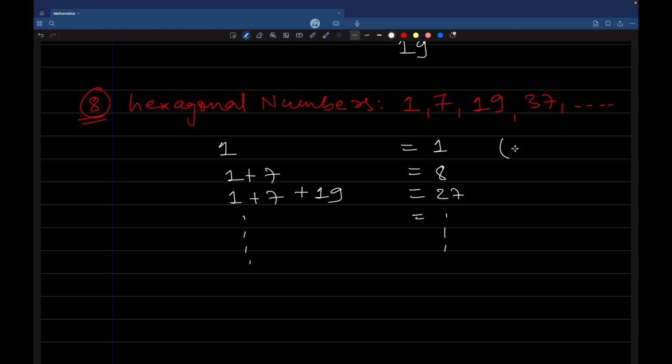What we get is cube numbers, 1 cube, 2 cube, 3 cube and so on.